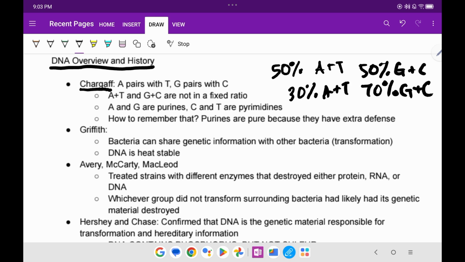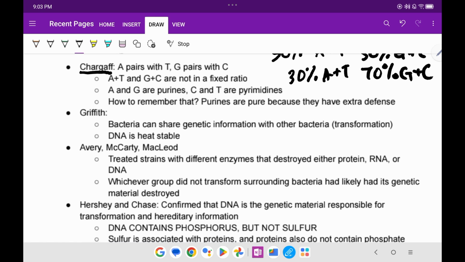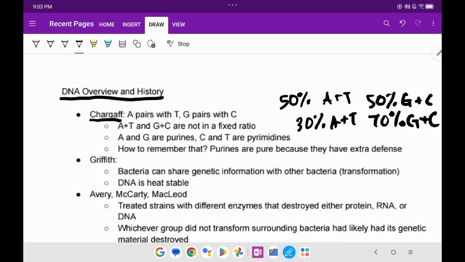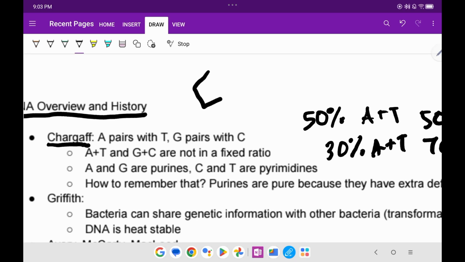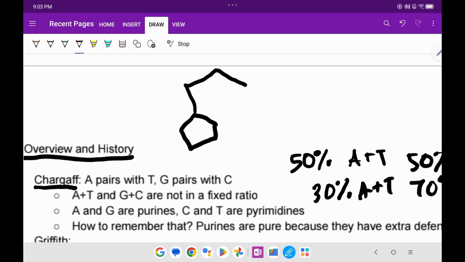And so each organism is different and they do not have the same amount of A and T or G and C. And A and G are purines, C and T are pyrimidines. Purines kind of look like this: they have one structure and then another structure next to it. And pyrimidines are just one structure.